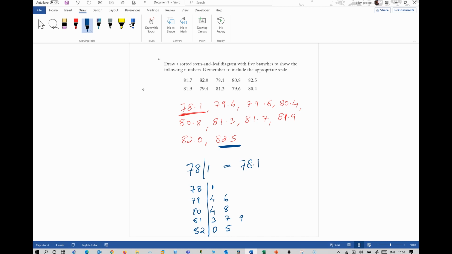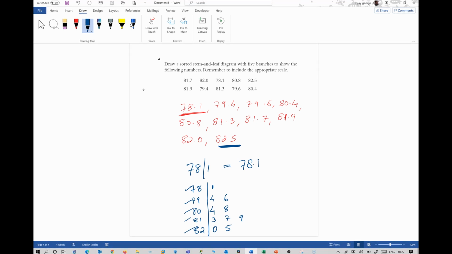As the question demands 5 branches, we check the answer: first, second, third, fourth, fifth, you have 5 branches.